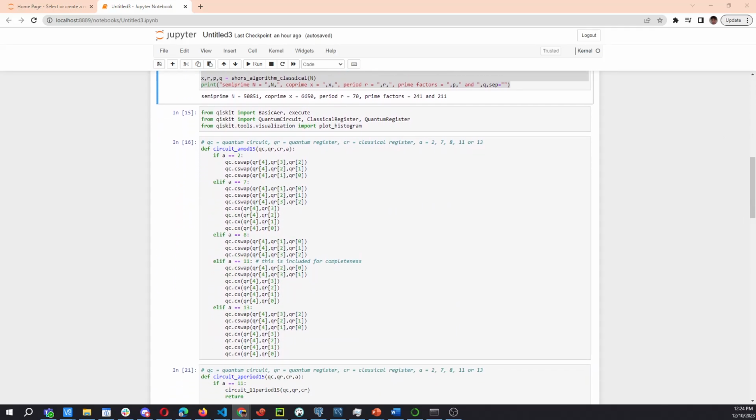And then let's implement Shor's algorithm. We can try to execute it with the Qiskit libraries. There's Qiskit for the quantum circuits, quantum register, and classical register too, and then for visualization, the plot histograms.